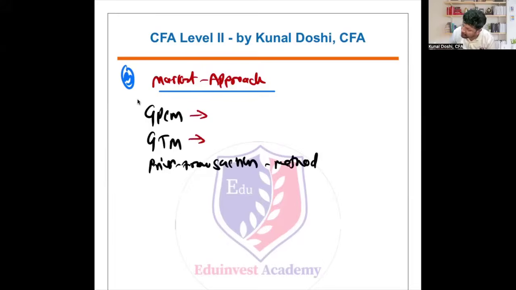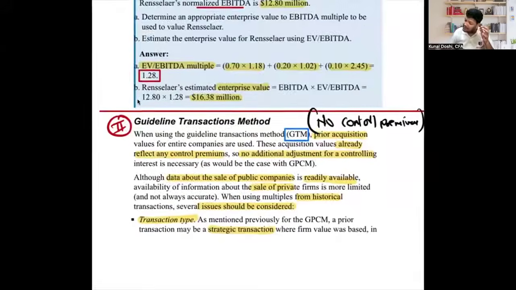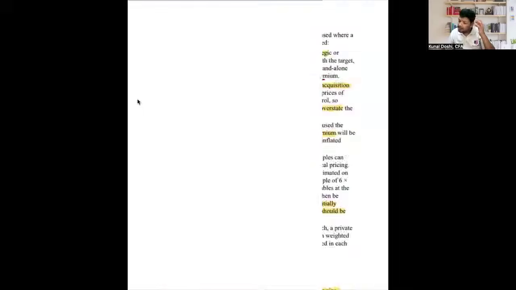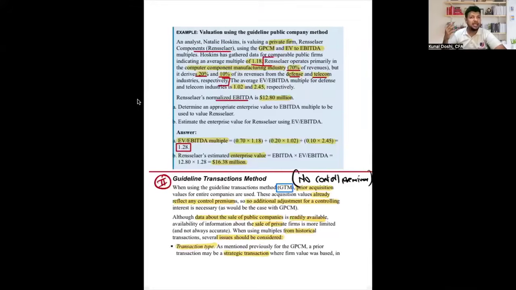Guideline public company method. Remember here, the name itself is the answer. You're going to compare your company with a relevant public company available. So you have to find the identical public company, and you can use the PE ratio of the identical company or the price to sales ratio.